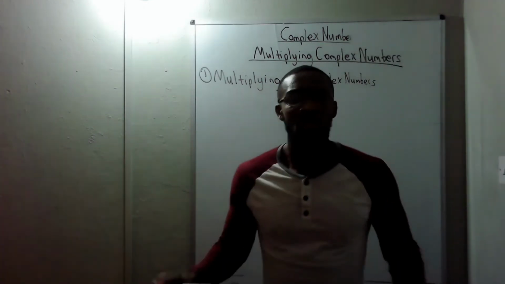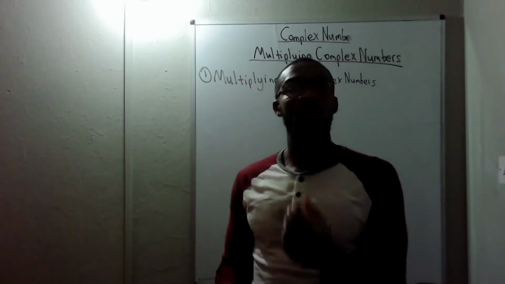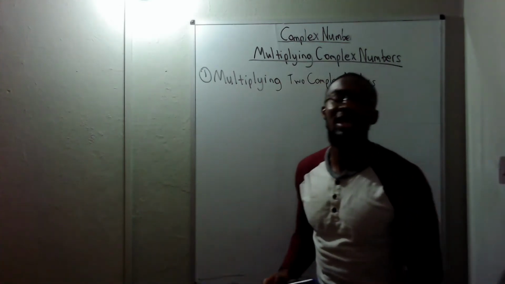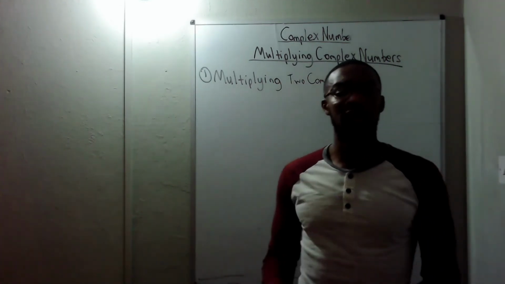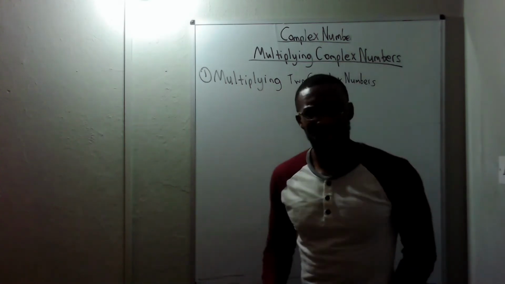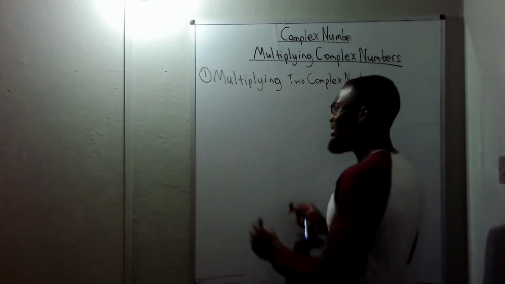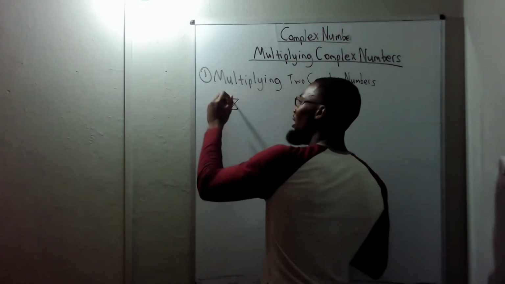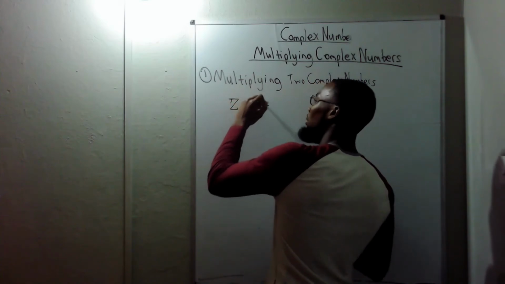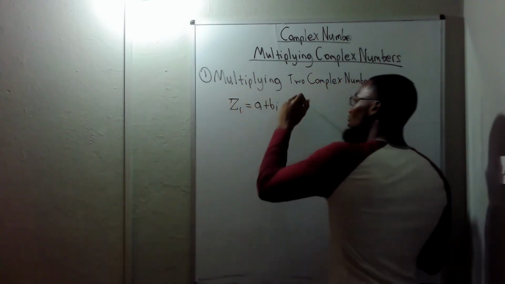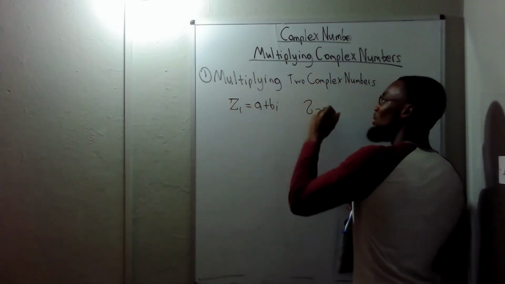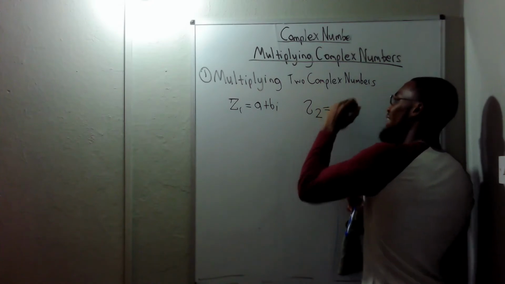Alright? In the same way how you multiply two algebraic terms, is the same way you multiply two complex numbers. So the best way to do it is with examples. So look at this. Let's say you have z1 is the complex number a plus bi. And we have z2 is the complex number c plus di.